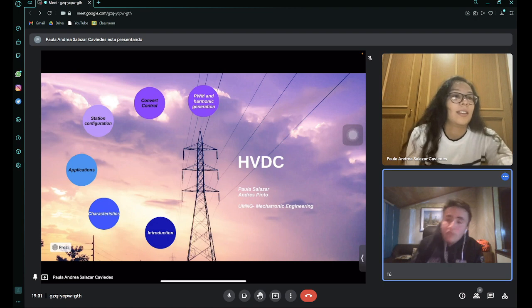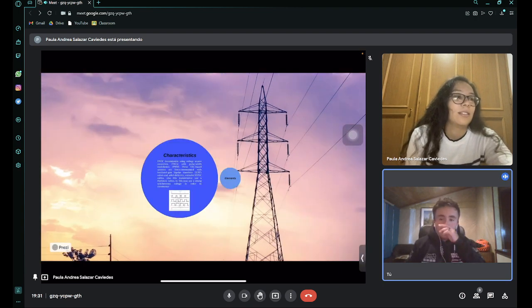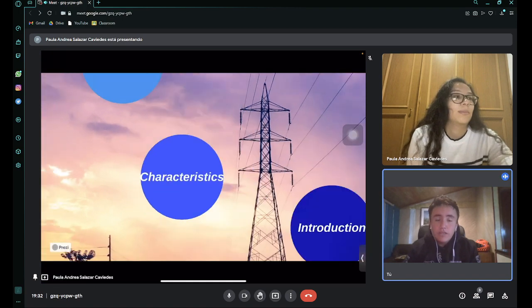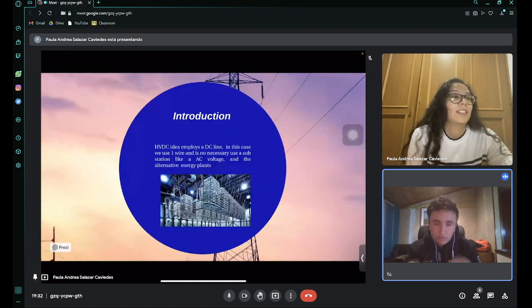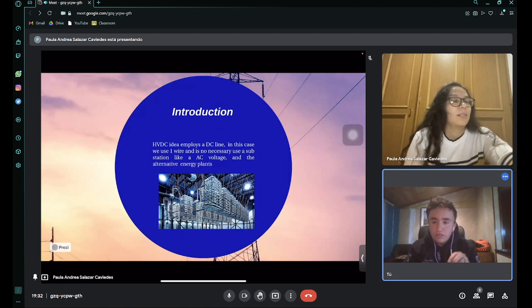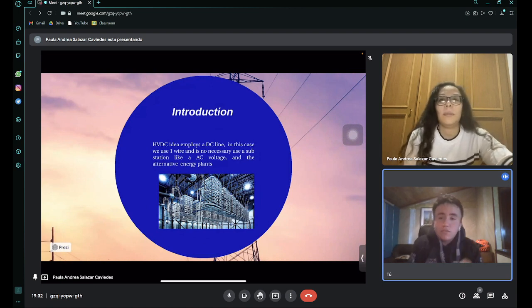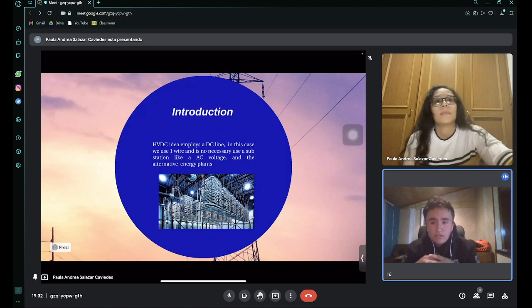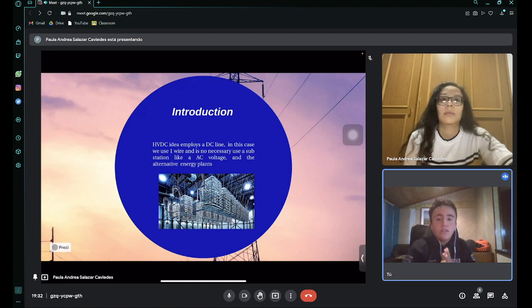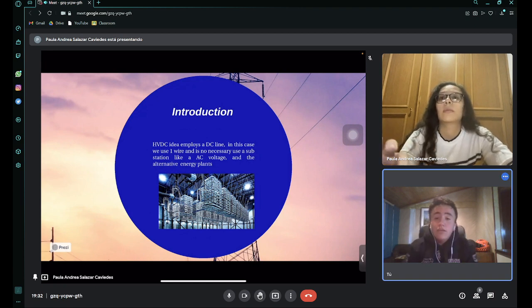Okay, we are going to continue to the introduction to HVDC. Actually, in this country, Colombia, we use AC to AC converters and transformers. All electricity is on AC lines. This stage needs a substation because the lines are long.